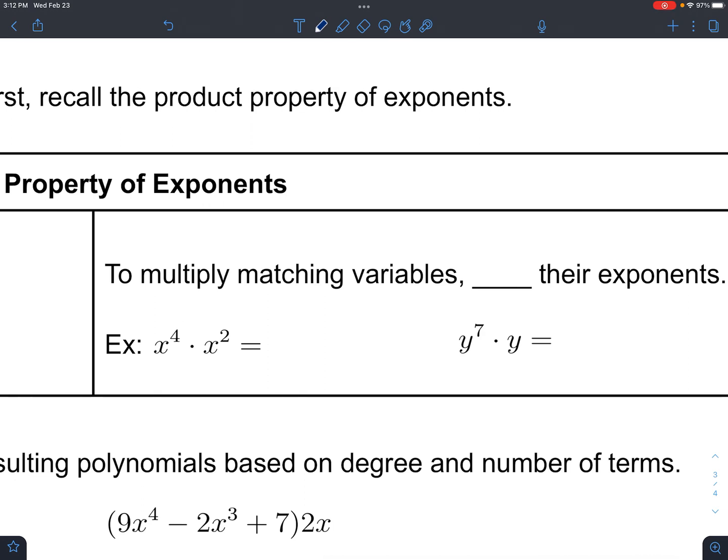If you multiply monomials together, or variables together, we have to add the exponents. So this will be x to the 6th, and this would be y to the 8th, since 7 plus 1, right?